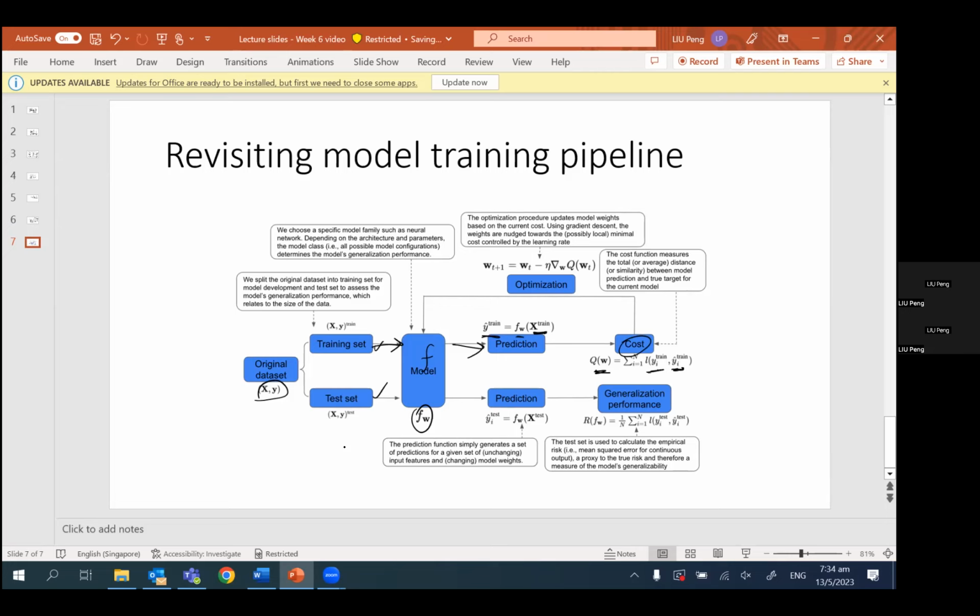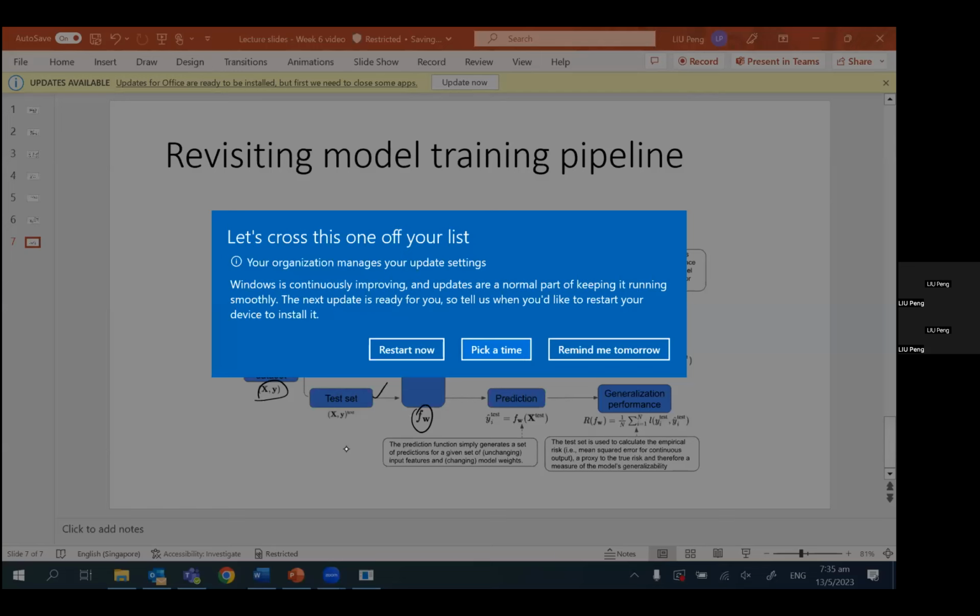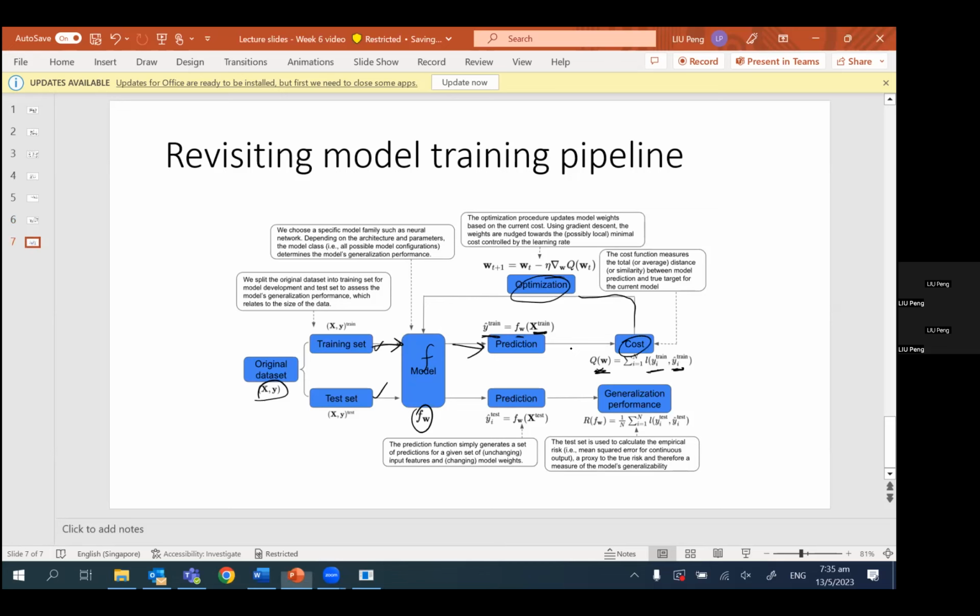So we get the cost, and this cost goes back to the optimization loop, which works by gradient descent. For the next iteration, I take the current values minus the learning rate times the partial derivative with respect to the W's.